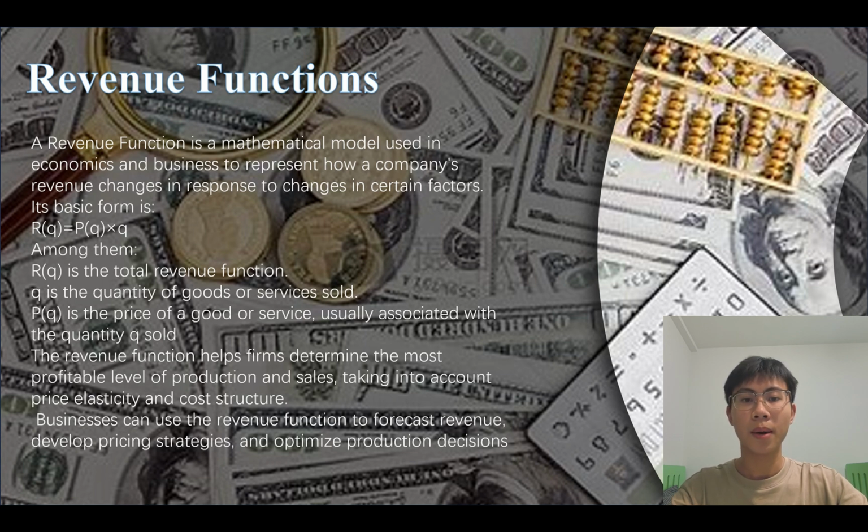The revenue function helps firms determine the most profitable level of production and sales, taking into account the price elasticity and the cost structure. Businesses can use it to forecast revenue, develop pricing strategies, and optimize production decisions.